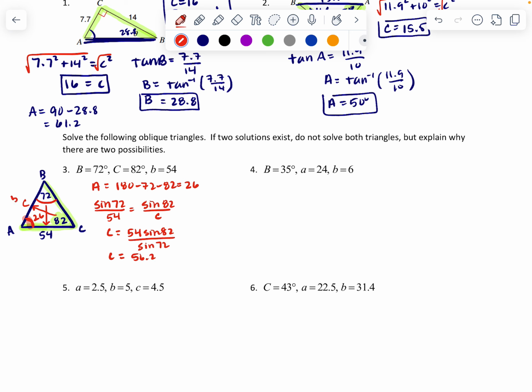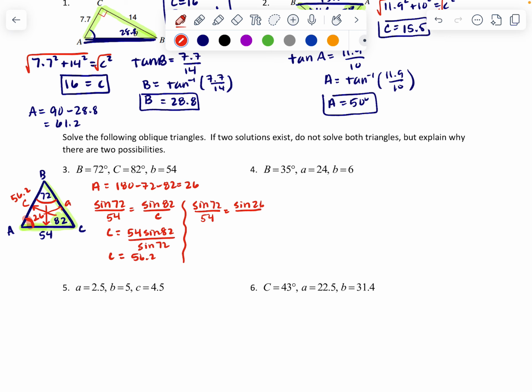So that's this side. Almost done solving. I still need to find side a. I can do that the same way. I can set this up as sine of 72 over 54, that was my given, equals the sine of angle A this time, 26, over side a.